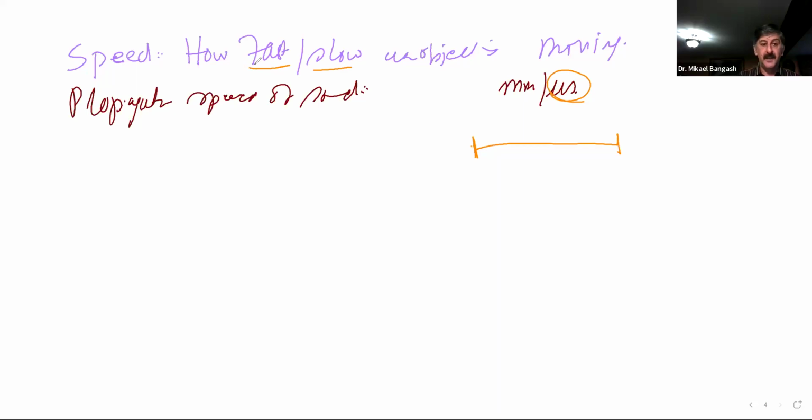So speed mainly tells us that there's an object that is moving. Or for instance, when we say blood, there's blood that is flowing. It may be 2 liters per minute flowing through a specific area.